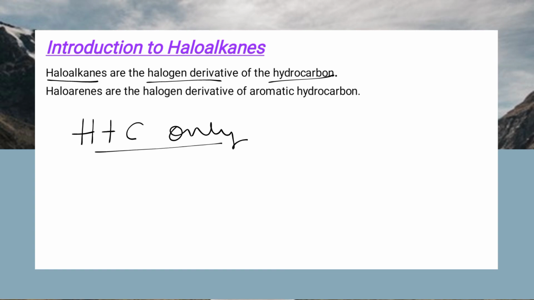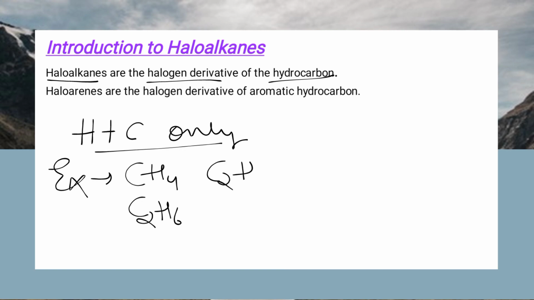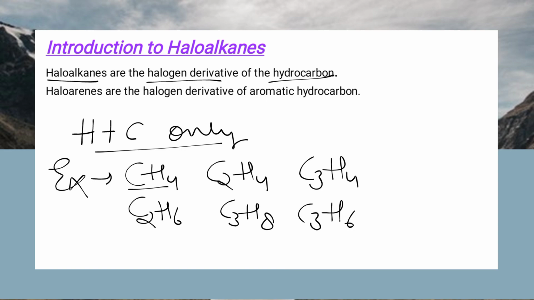For example, CH4, C2H6, C2H4, C3H8, C3H4, C3H6. These are the compounds which are made of carbon and hydrogen only.